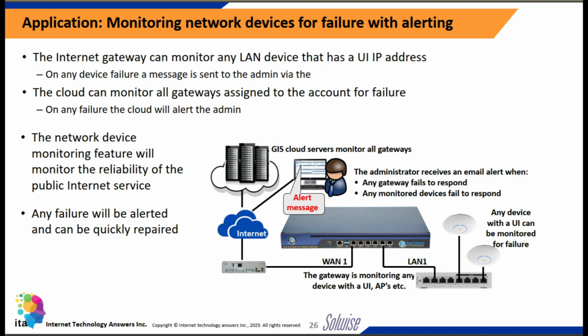Internet service is slow, people complain, and we really don't know if a wireless access point has failed unless we monitor it. And so we've got to set up monitoring for wireless access points, for gateways, every component in the chain. And we want to send out an alert message for this.